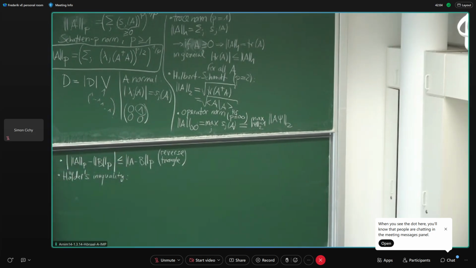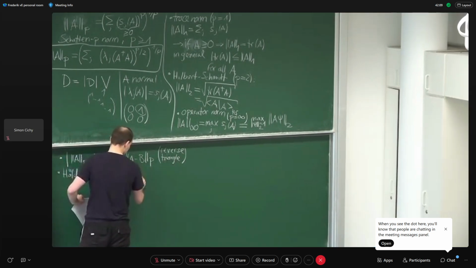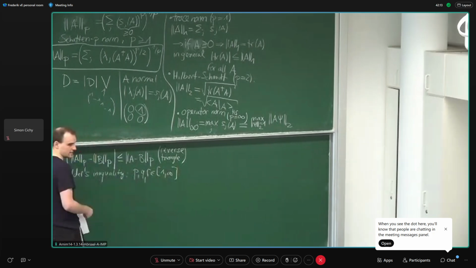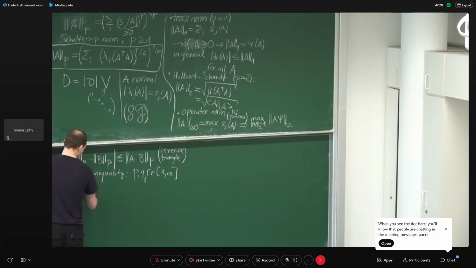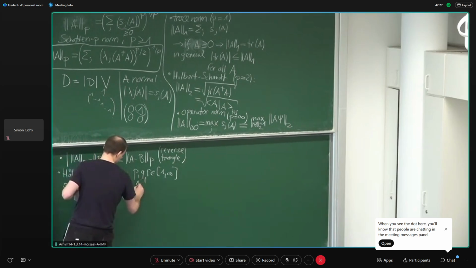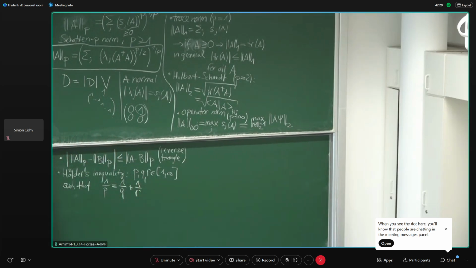So what Hölder's inequality says is that if we're given some numbers, and they need to have a special relation, they need to be, I think, conjugate to each other is the term, which means that 1 over p has to be equal to 1 over q plus 1 over r. So if we're given numbers which satisfy this, then the following inequality will hold.